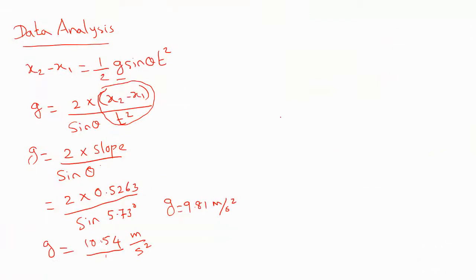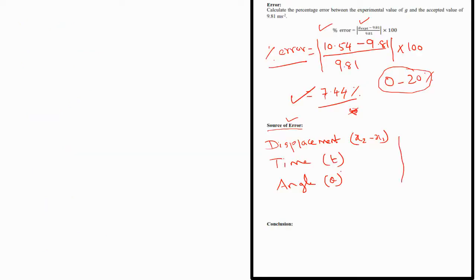We got 10.54. The actual value of G is 9.81. So that means we got 7.44% of error based on these three parameters. Clear? Yes, it's clear.